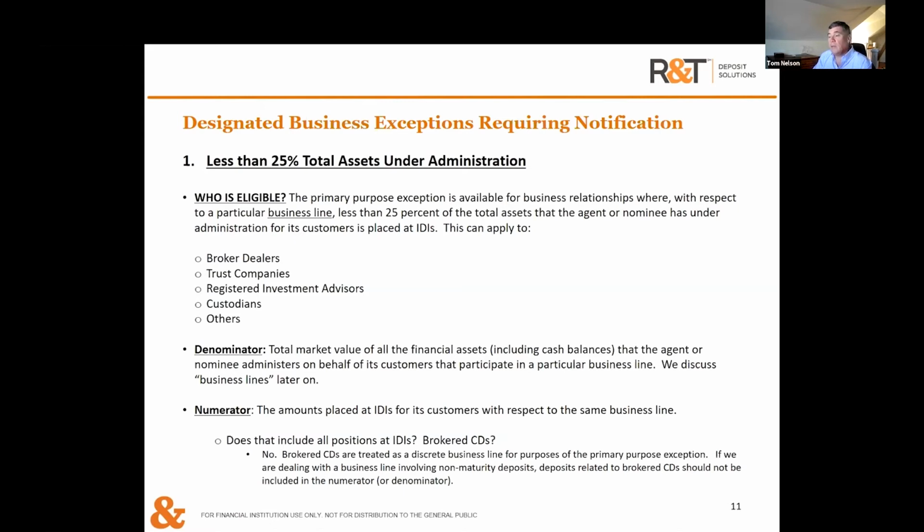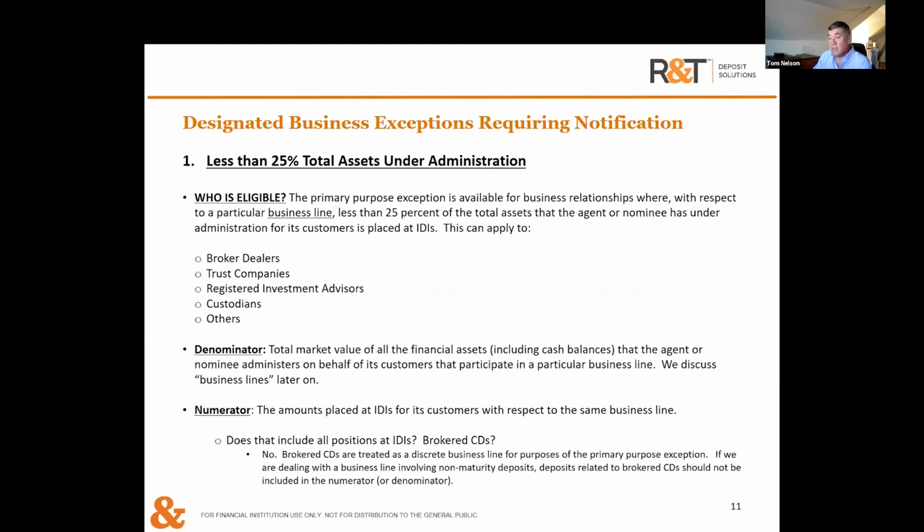And it gives them the ability to notify the FDIC that it wants to make use of a primary purpose exception. In other words, their primary purpose is to serve the investment needs of their clients, not to place deposits at FDIC banks around the country.